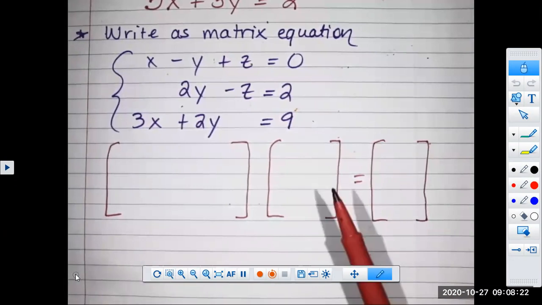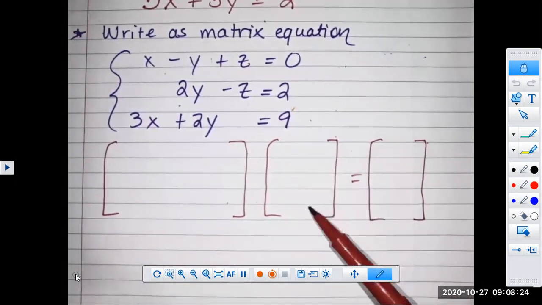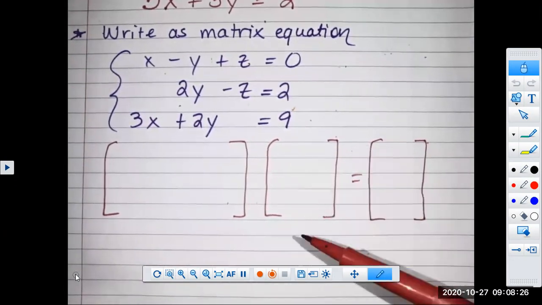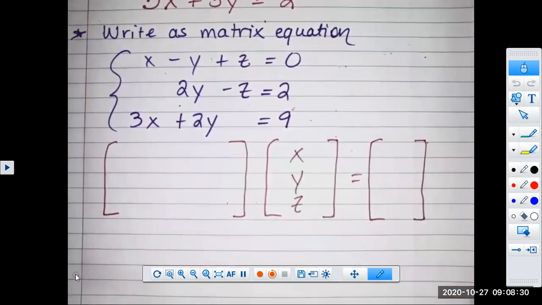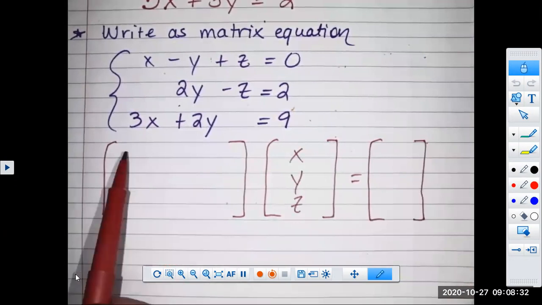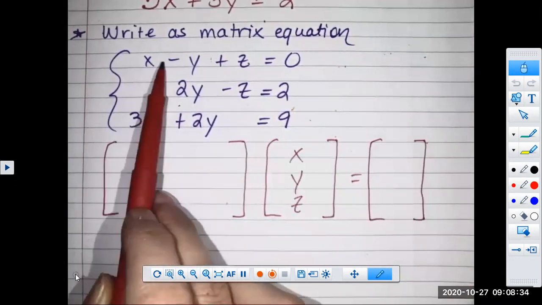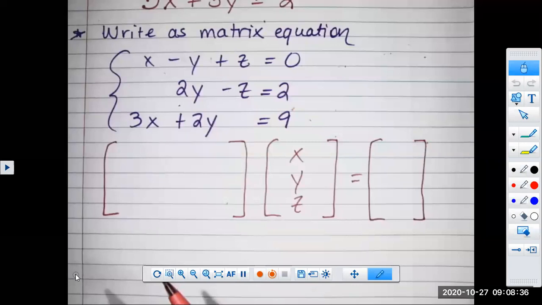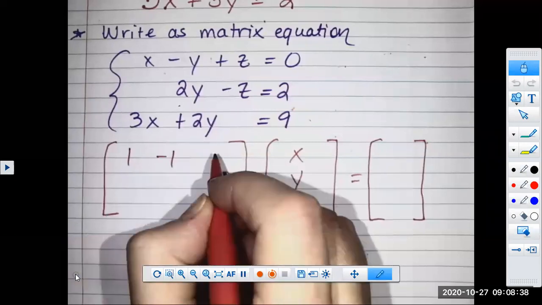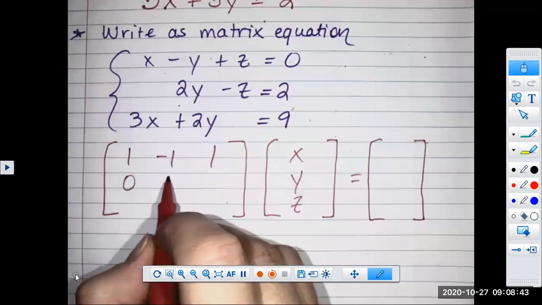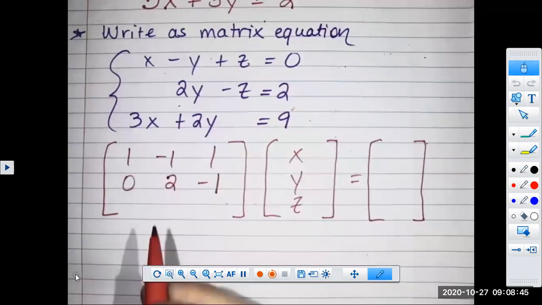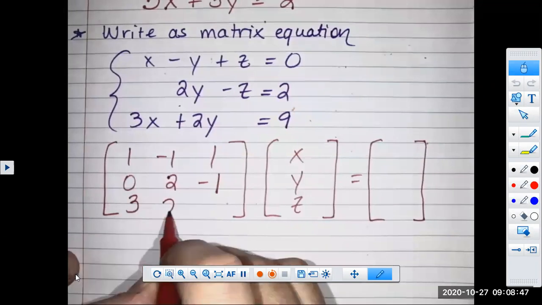Tell me what's your variable matrix going to consist of? X, Y, Z. What are all the coefficients across here? Okay, 1, -1, 1. Second row. 0, 2, -1. 3, 2, 0.